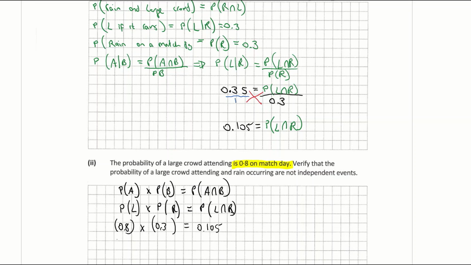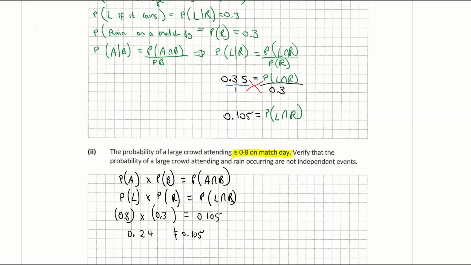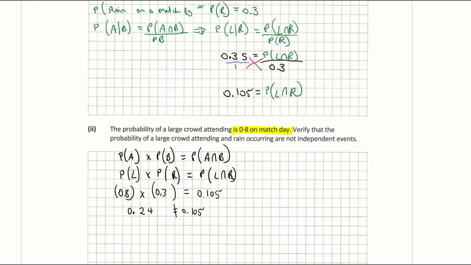When I multiply 0.8 by 0.3, I get 0.24. And now I want to show that that is equal to 0.105, which it's not. So I conclude that 0.24 is not equal to 0.105.